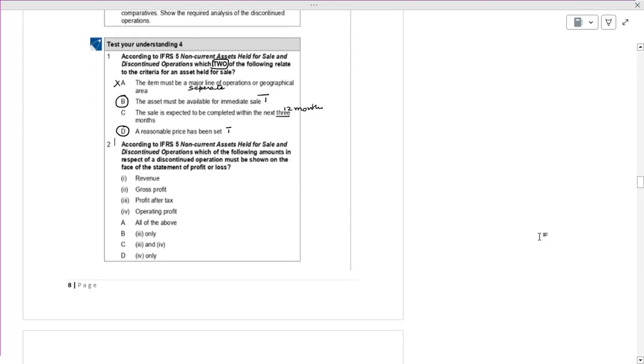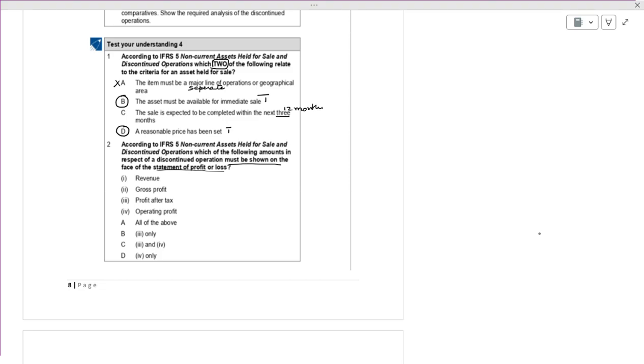Next. According to IFRS 5, non-current assets held for sale and discontinued operations, which of the following amounts in respect of discontinued operations must be shown on the face of the profit and loss account?